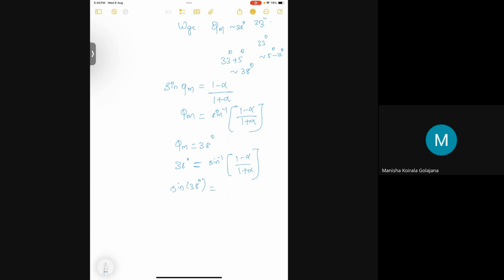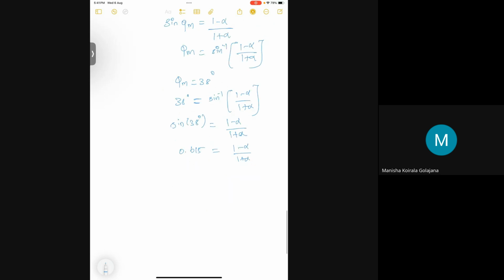So sine 38 degrees, I hope this is in degrees. This will give you 0.615. So 0.615 equals 1 minus alpha by 1 plus alpha.